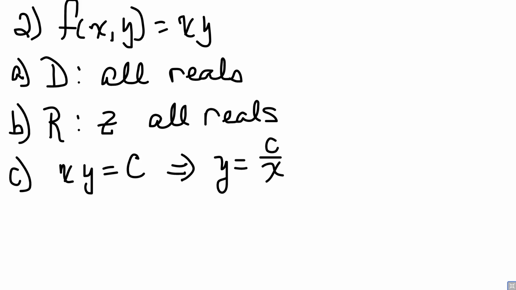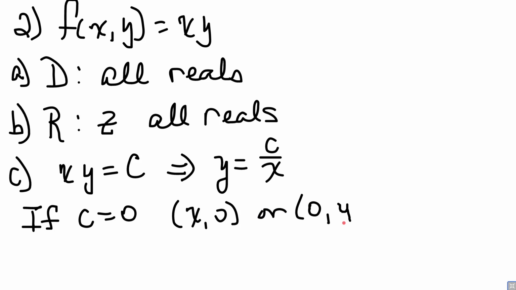Okay, so in this, you can get, if c is equal to 0, you're just going to get a series of points that are either going to be x comma 0 or 0 comma y.